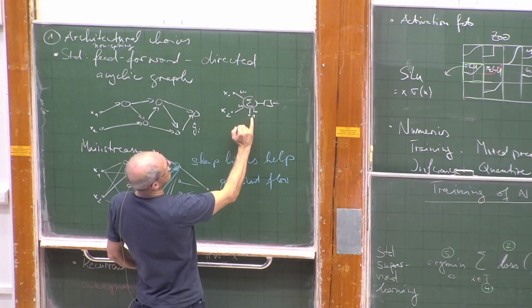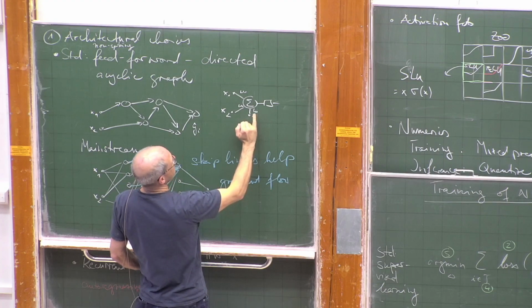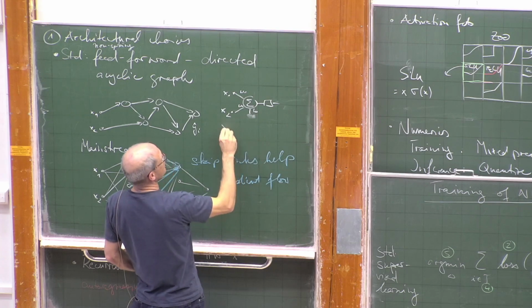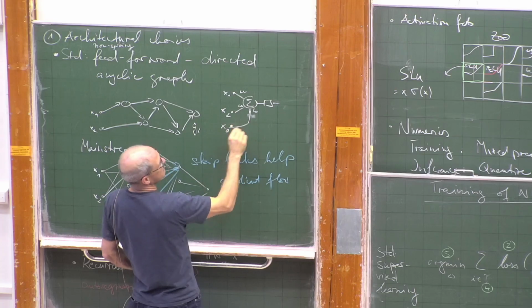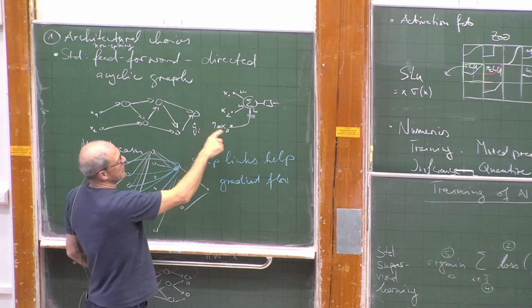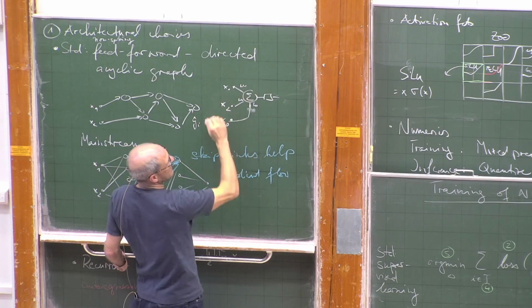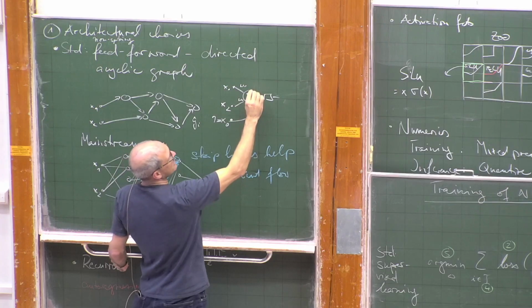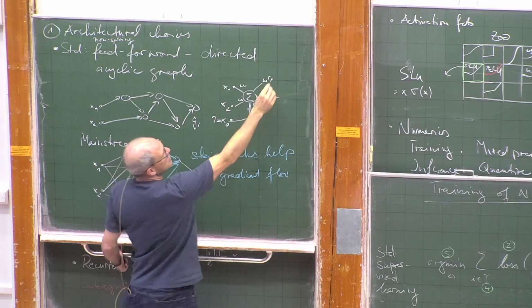So instead of having a separate bias here, I can introduce an artificial extra entry, which I call x0, and which is always 1. And if I do it like so, then this entire thing here is just w transpose x, and I don't need to write plus b.